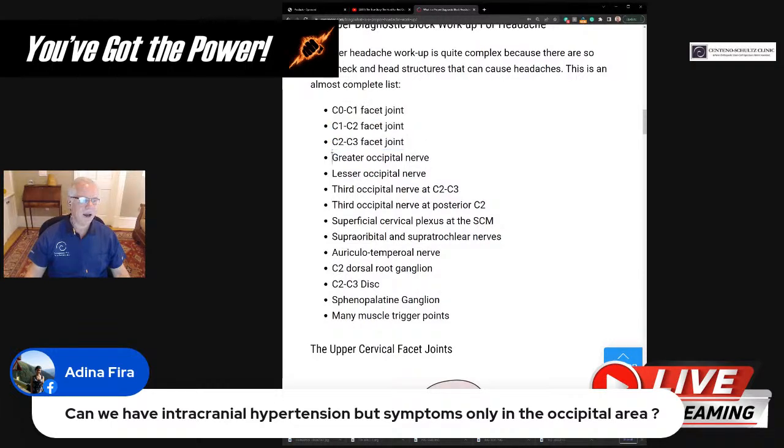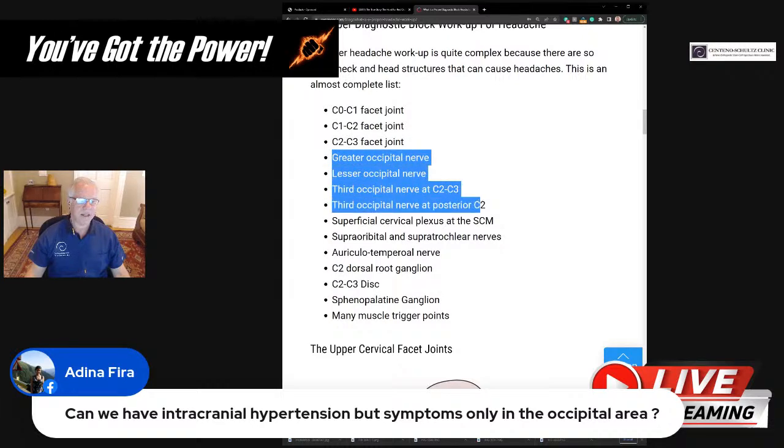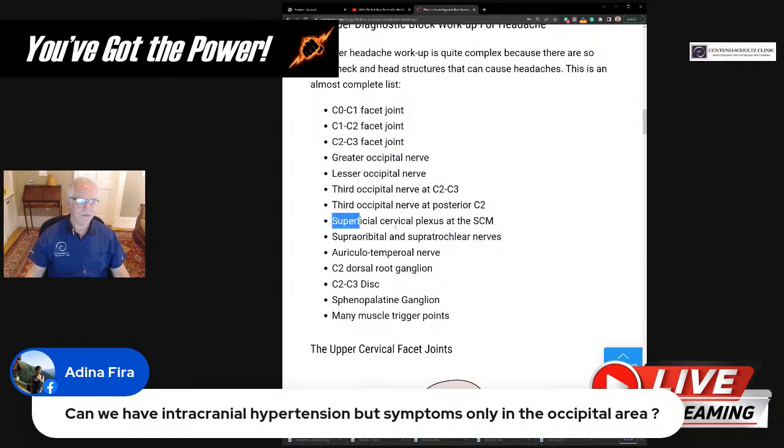We've got multiple branches of the occipital nerve. We've got the superficial cervical plexus. We've got supraorbital and trochlear nerves, the auriculotemporal nerve, the C2 dorsal ganglion, the C2-3 disc itself, the sphenopalatine ganglion, and many muscle trigger points.